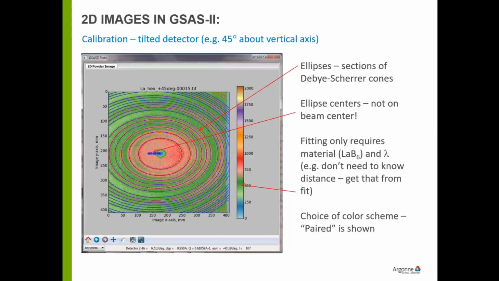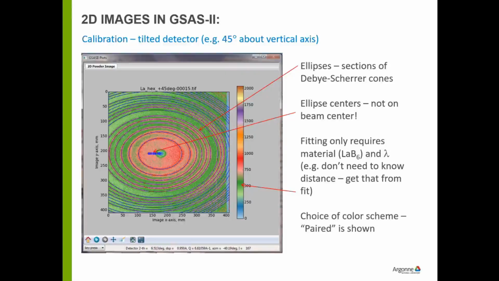Okay, so here is the detector image in which the detector was tilted 45 degrees to the incident beam, and you can see that the rings are ellipses, and that the calibration, which is the little blue line through the rings, gets it spot on, correct. And here's the position of the center of the rings as you go from one ring to the next.